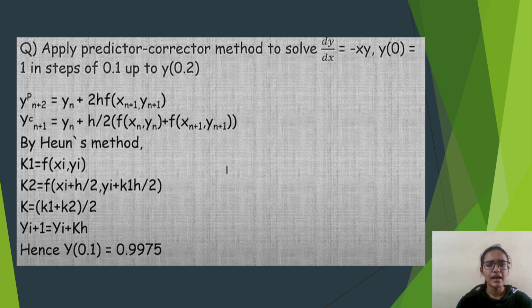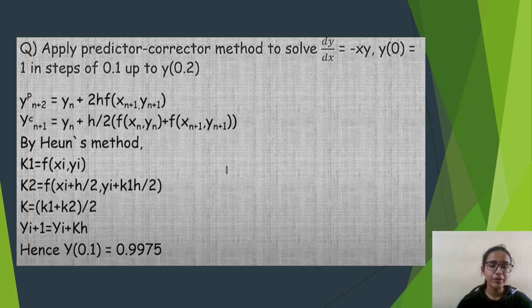Next question is, apply the predictor corrector method to solve dy by dx equals minus xy, y0 equals 1, in steps of 0.1 to y of 0.2. So this is the solution for the predictor corrector method, which is Heun's method, also called Heun's method.